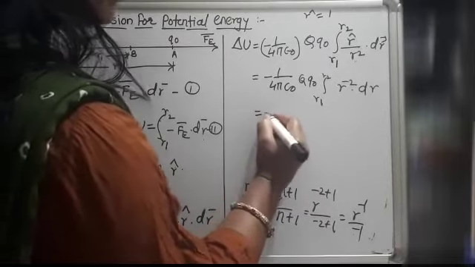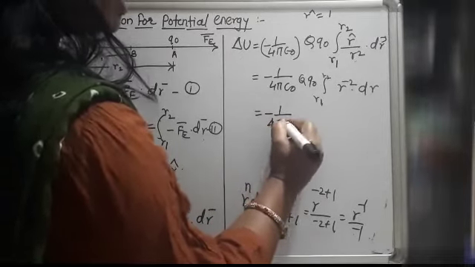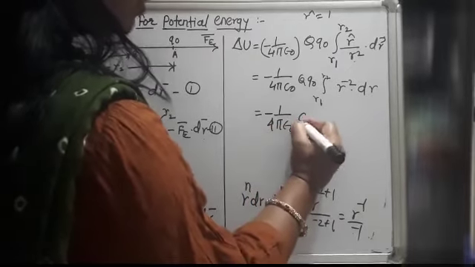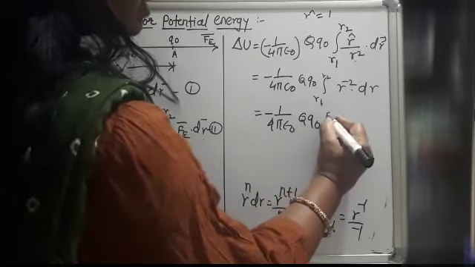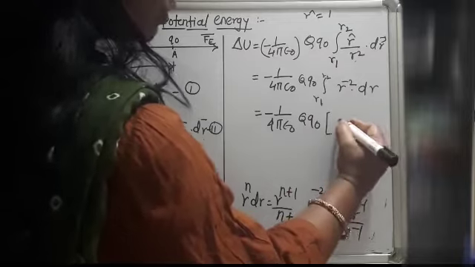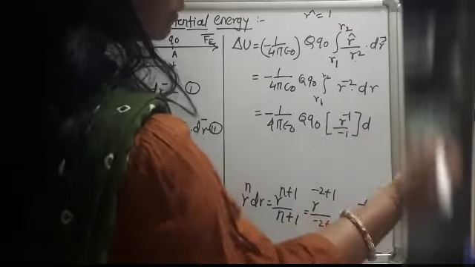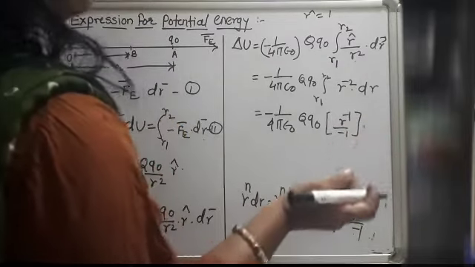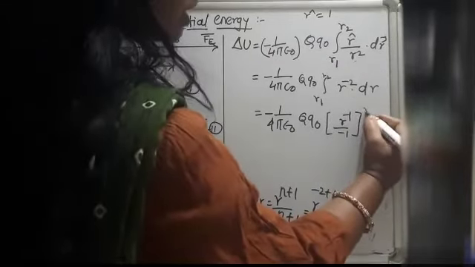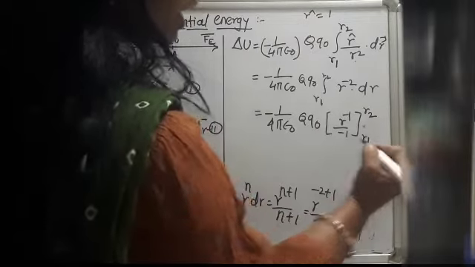Then the next equation is 1 upon 4 pi epsilon 0 q q0, times r raised to minus 1 upon minus 1, with the integration from r1 to r2.